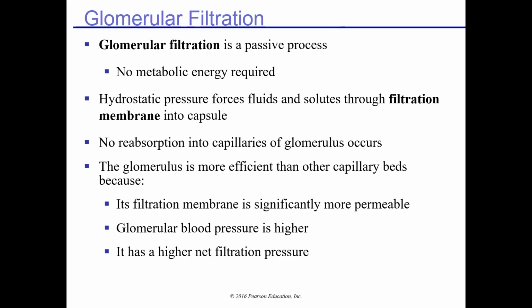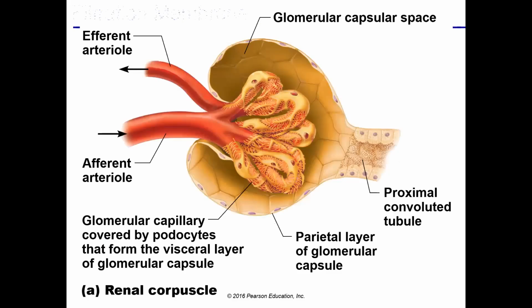There is no backflow because the pressure going out is greater than any pressure trying to push back. And we end up with what we call a net filtration pressure, which is always higher than the pressure in the Bowman's capsule or in any of the tubules.